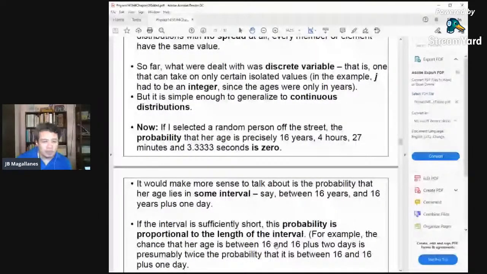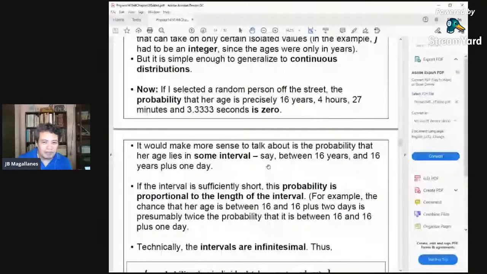But it would make more sense if I find a person between the age 16 and 16 plus 1 day. I guess I would find one in a million people, no? But this one is so specific that the probability is almost close to zero.